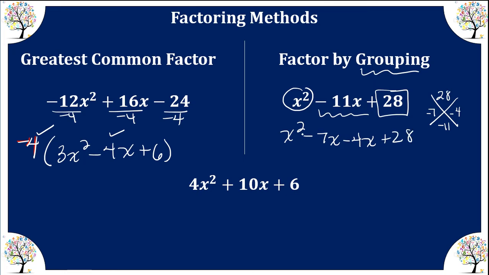Now, if you have learned the quick trick when A equals 1, I advise you to go ahead and use that. And so I'm going to go ahead and show you that quick trick instead of doing all the grouping. And so ultimately we have x and x. So that came from factoring x squared.